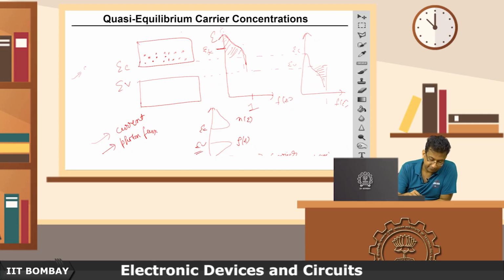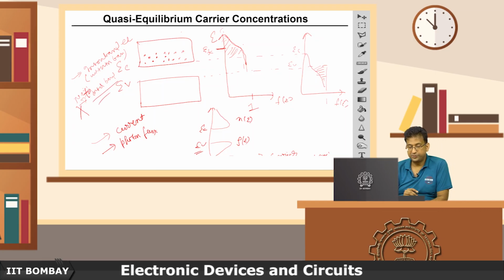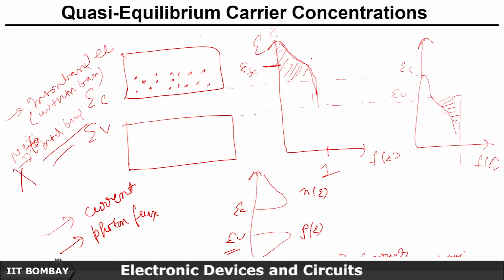Intra-band equilibrium is there within the band, but not between the two bands, okay, not interband. Between the two bands there is no equilibrium. That's why we have these two separate Fermi functions. Okay, I hope you could understand the quasi-equilibrium.